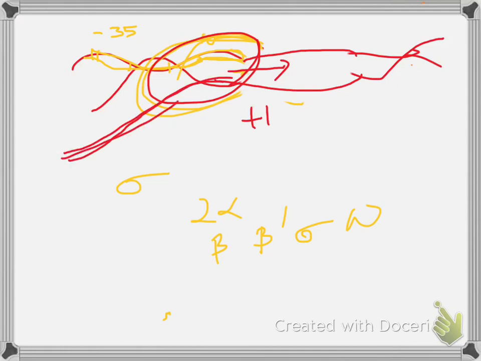As the RNA polymerase moves, the primary transcript elongates, and at the position where the transcription is completed, the DNA double helix will rewind.